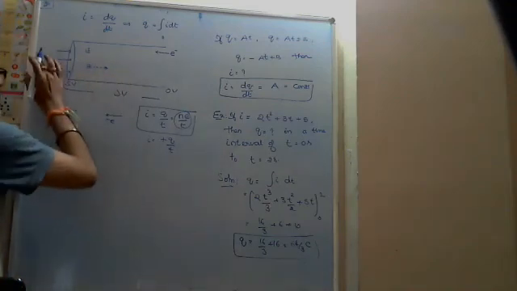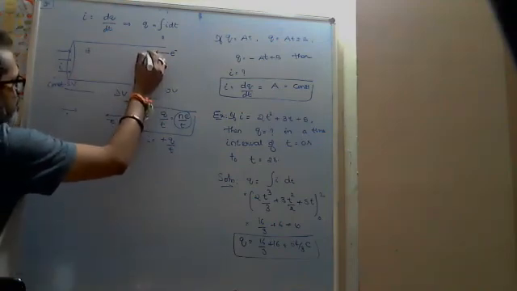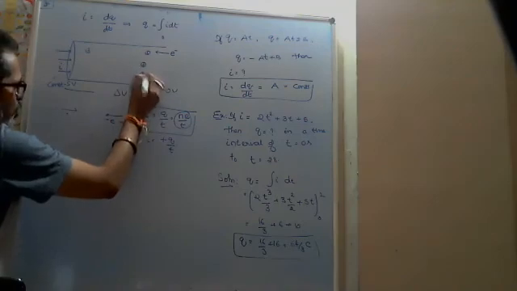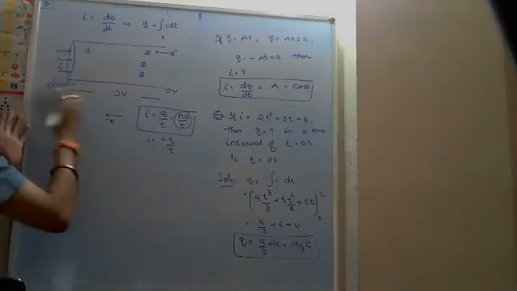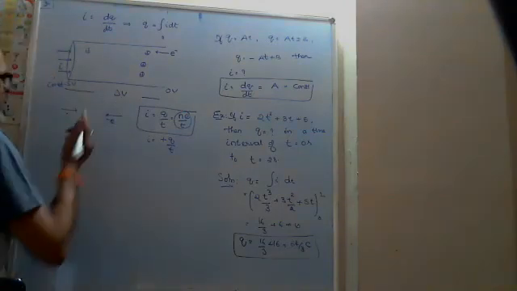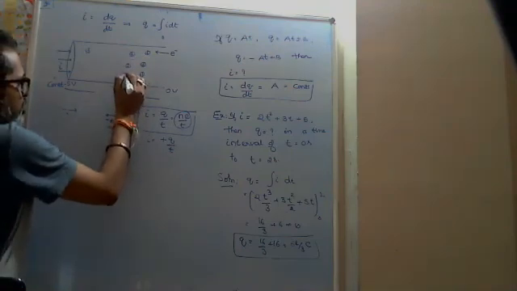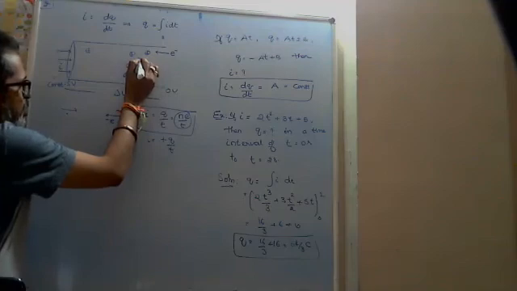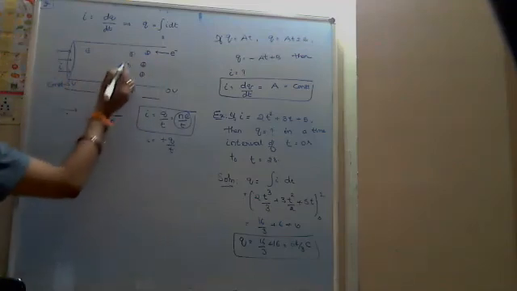So here, if I assume the current in this direction, electrons are flowing in the opposite direction. While flowing, somewhere here I explained the concept, Nana: you will get some acceleration and deceleration simultaneously. They try to accelerate, but think wisely like an intelligent student.